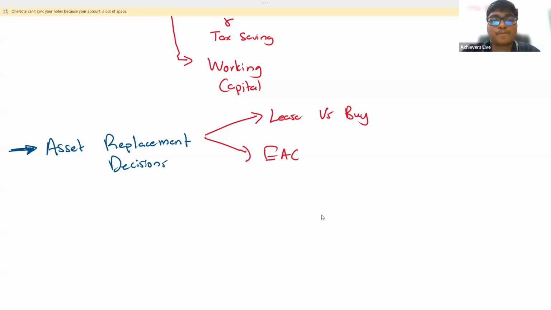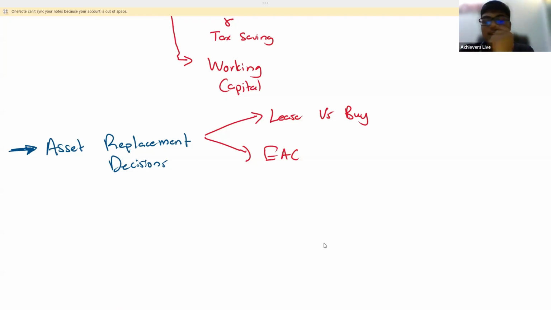So what is lease versus buy? You are comparing what is the NPV if we go for a lease option, what is the NPV if we go for the buy option. So you have to compare the two based on the cash flows which are there, and you have to go for the cheaper option.